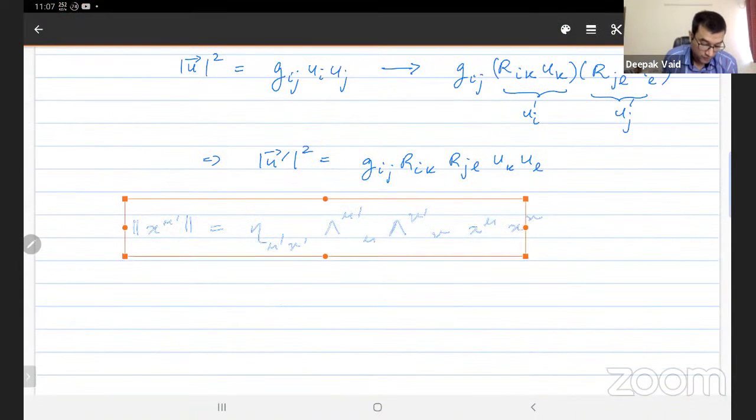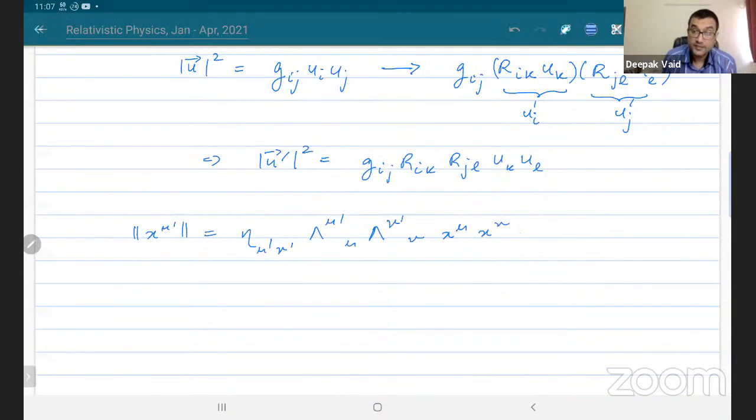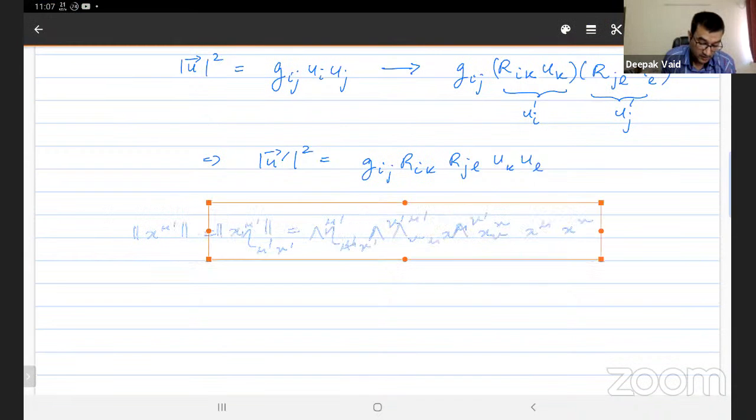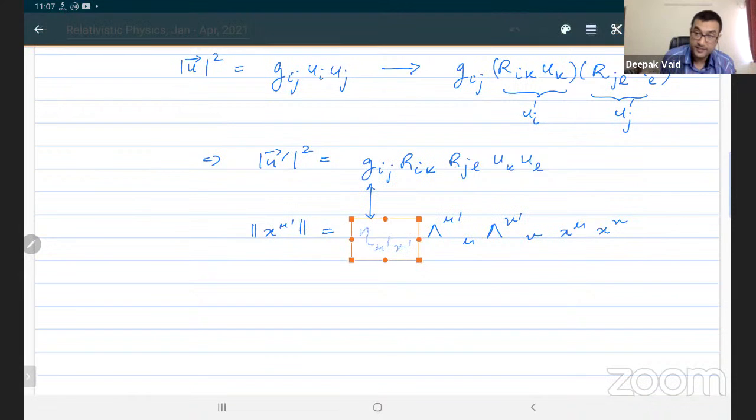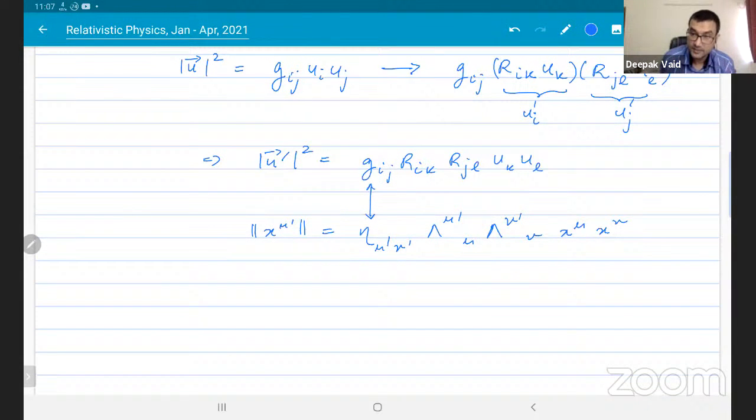What do you see? You see that these expressions are identical, right? This is the metric. Here it's Gij, here it's this eta, but they're both matrices and they both have the same function. They measure the length of a vector.